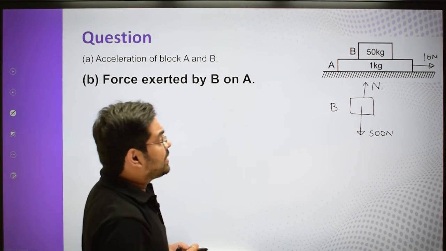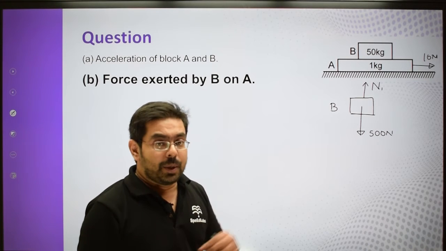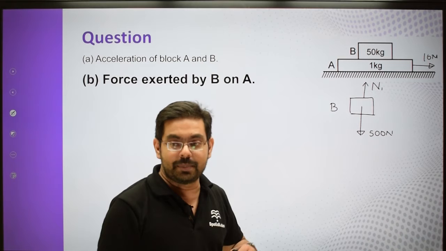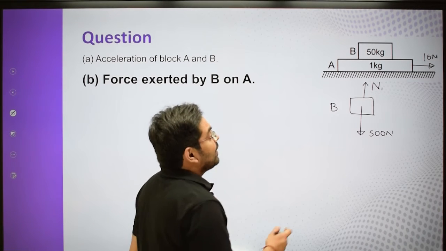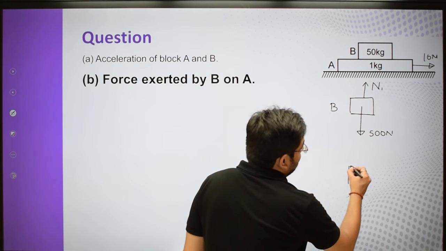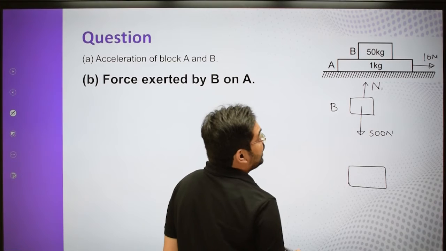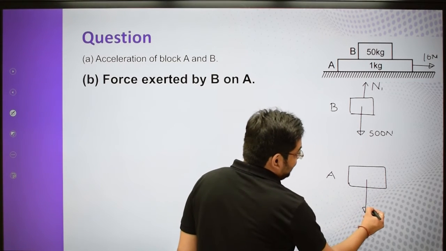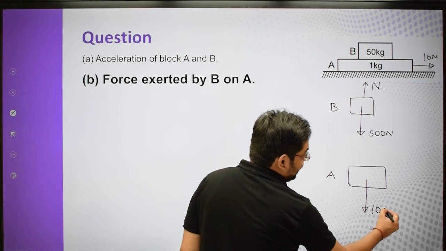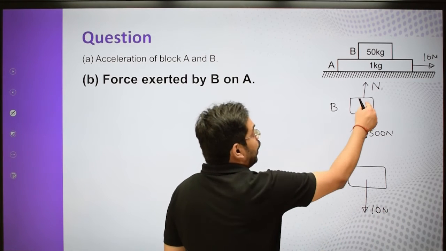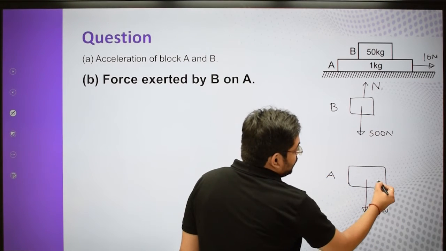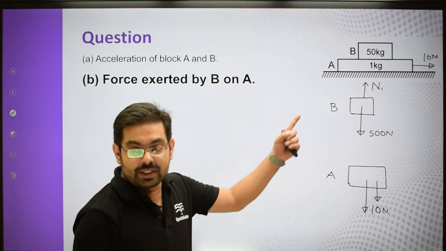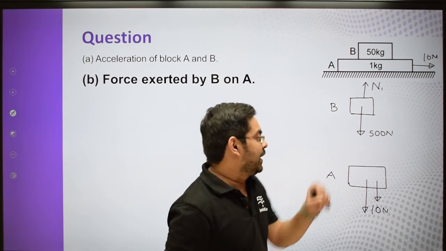Now, since A and B are kept in contact, B will also push A in the downward direction with the same force, that will form an action-reaction pair. So, if I draw the free body diagram of A, its mg will be 1 into g, that will be 10 Newton in the downward direction. Also, B is kept on A, so one more force will be acting in the downward direction, that is the reaction of this N1.